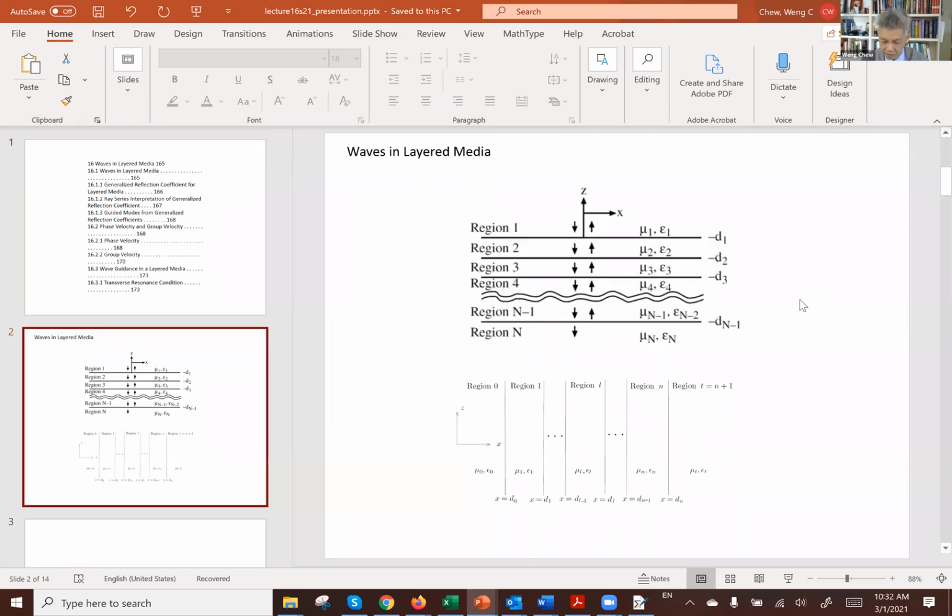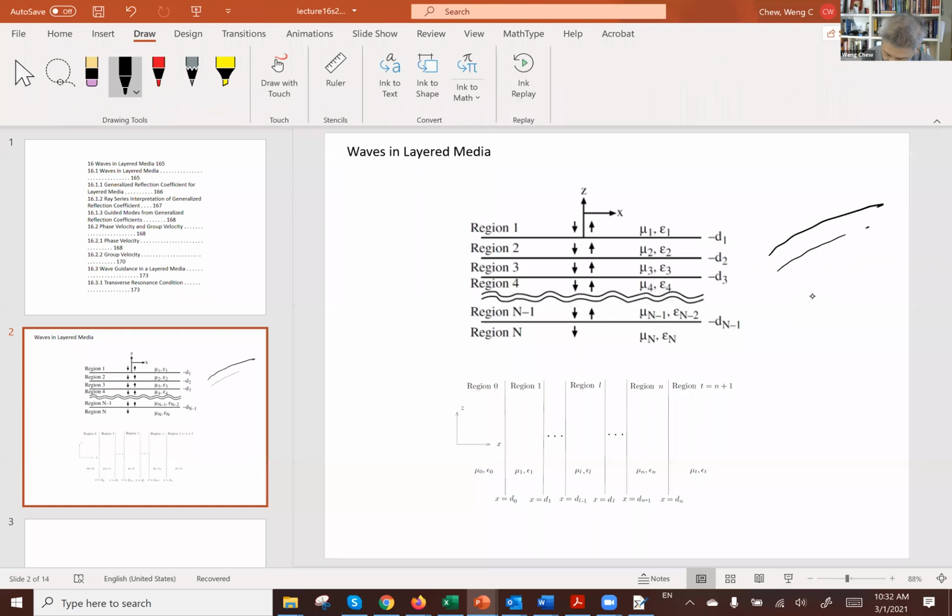Waves in layered media is actually a very important topic. It was first studied by Sommerfeld when he wanted to understand the propagation of radio waves over the good Earth. He was essentially interested in the case where the Earth is layered, and you have a radio station sending radio waves, and above it there's an ionosphere.